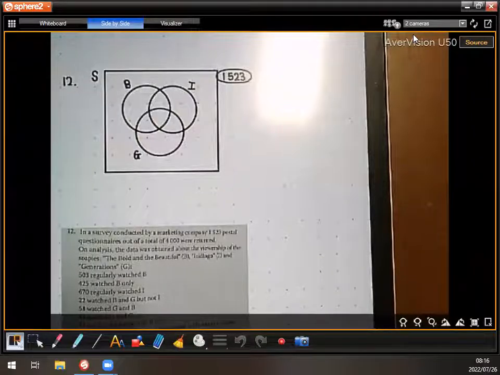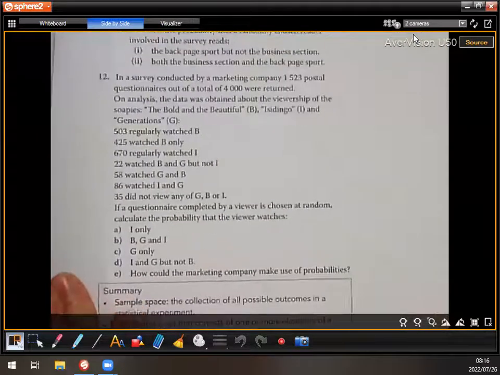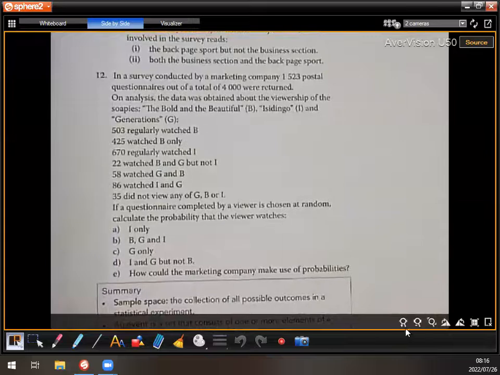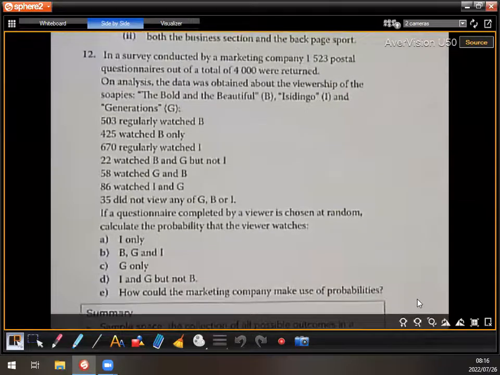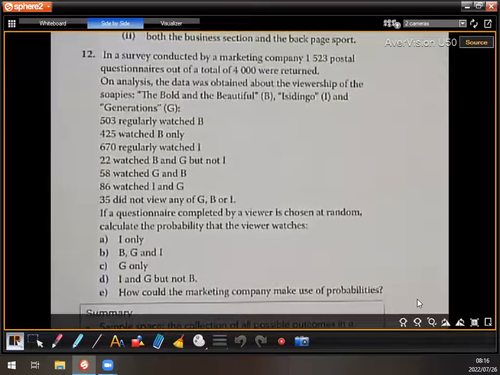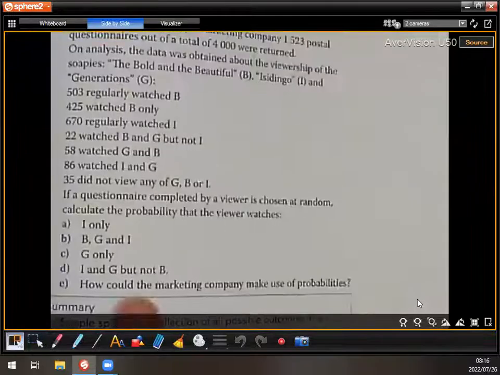Always from the inside out. Very important. Okay, number 12, I'm putting it on the board.